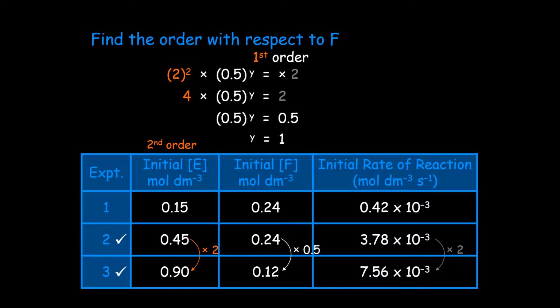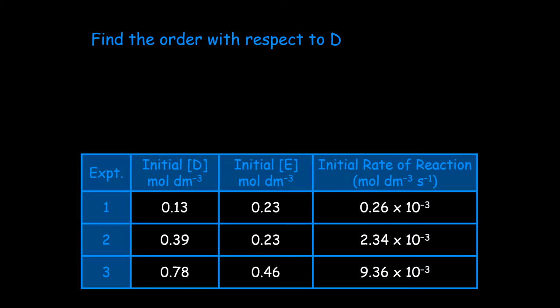For D, we're going to look at experiments 1 and 2. Multiply that by 3, and the rate goes up by 9, so it's going to be second order. Now for E, we're going to look at experiments 2 and 3.